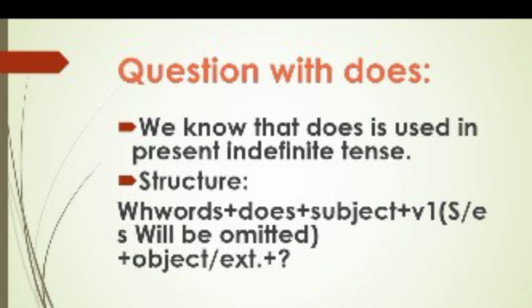You have to remember that at the time of making a question, by following the underlined statement, you have to omit s or es from the main verb. And then you have to write the object or extension, and finally you have to put a question mark at the end of the sentence. So in this way you have to make a question.